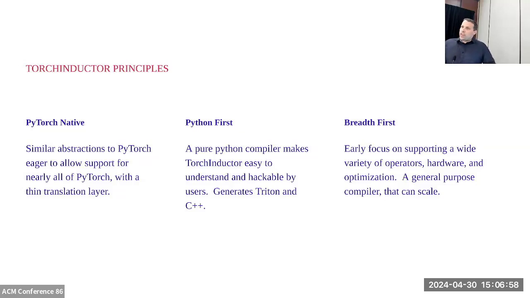They can go in and make changes, and they can also understand what's going on. And we think that this hackability and community contribution is really valuable. Next is breadth first. There's a lot of compilers out there that really focus on just one or two models. And if you're only compiling one or two models, you don't need a compiler. You can just hand optimize that one model. And so we really wanted to focus on the hard stuff first, and make sure that we're building a compiler that can scale to hundreds or basically the entire ecosystem of PyTorch models, which is pretty massive.